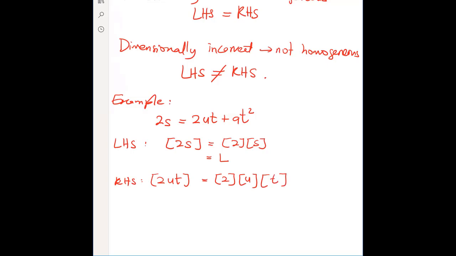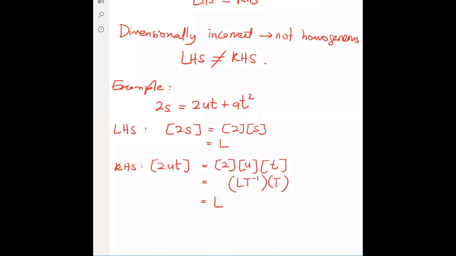The dimension of 2 equals 1, so no need to write it. The dimension of u, initial velocity, we already did earlier: L T negative 1. Then the dimension of t is T. So after all, what we have here is L.